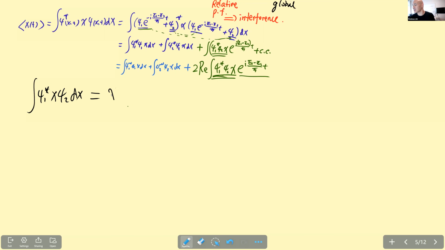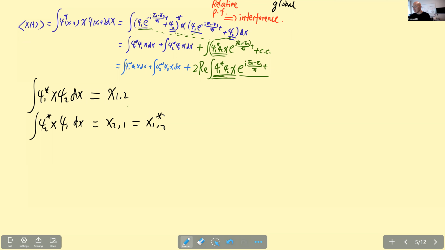We call this one x12. And you can see that psi 2 complex conjugate x psi 1 dx equals x21. That of course is just x12 complex conjugate. So x12 and x21 are complex conjugates of each other.